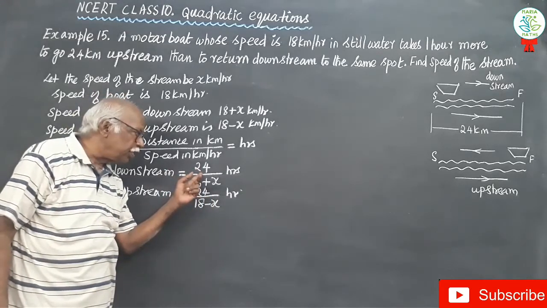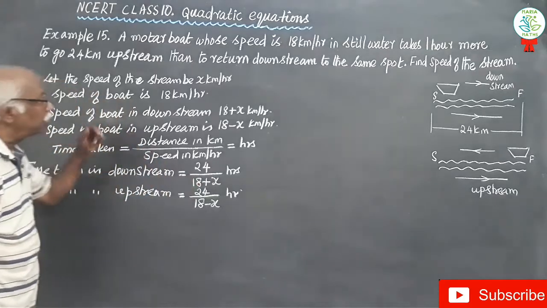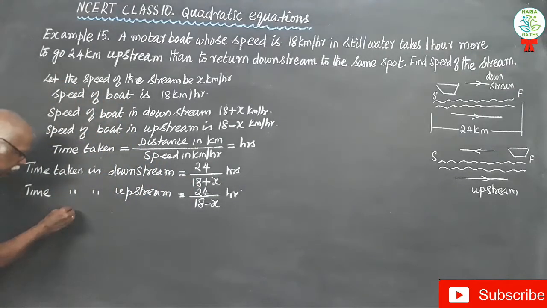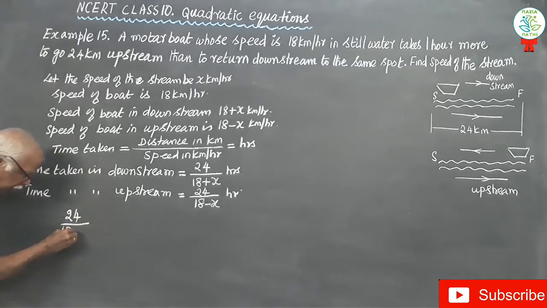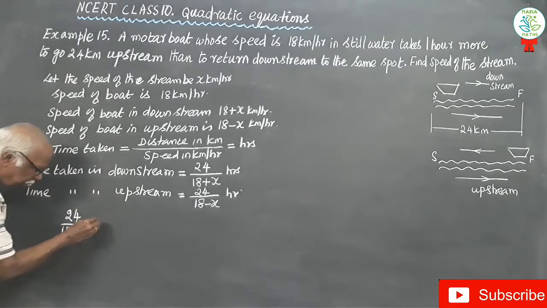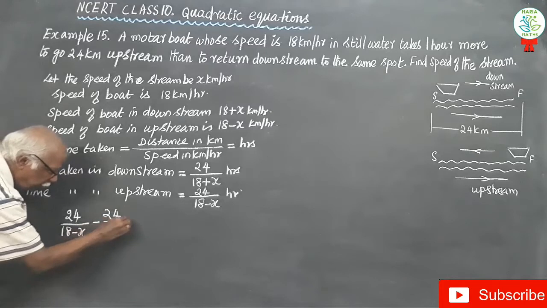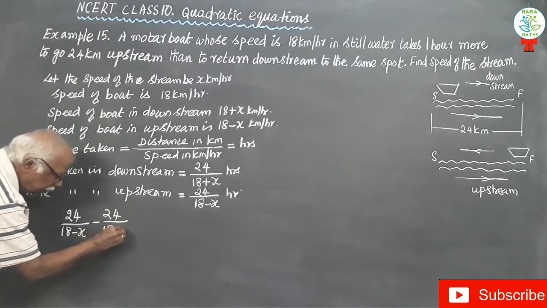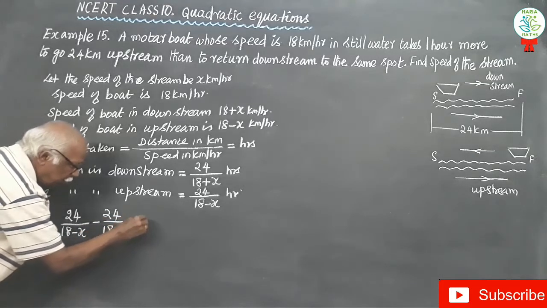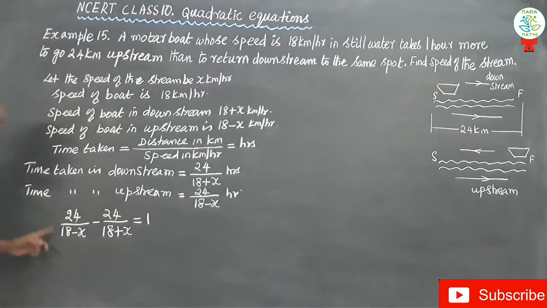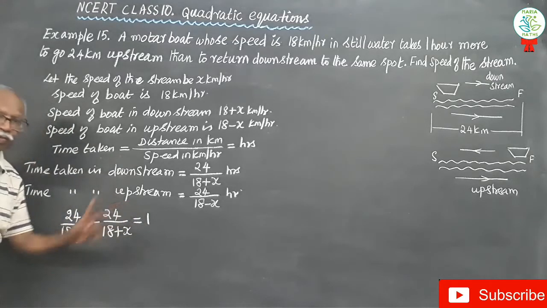Here the time taken will be less. So according to the question, 24 by 18 minus x minus 24 by 18 plus x is equal to 1. Time taken during upstream minus time taken during downstream is equal to 1.